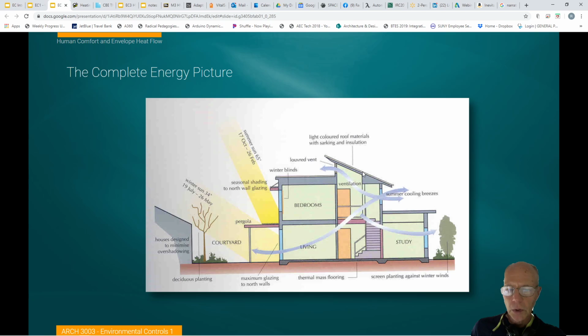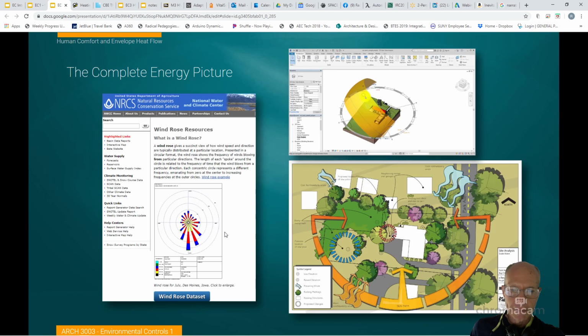So all of these things work together. Thermal mass for flooring to absorb heat, deciduous plants that can shade in the summer and allow sunlight in the winter. All of these things work together as advanced architectural designers that you want to be to create the most energy efficient environments that we can create for our clients.